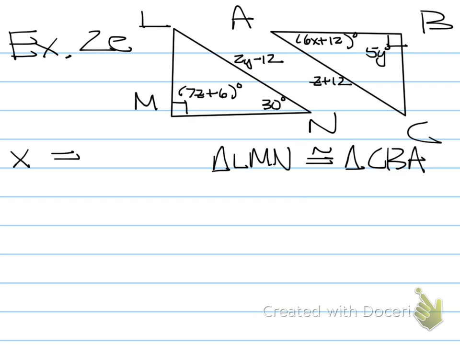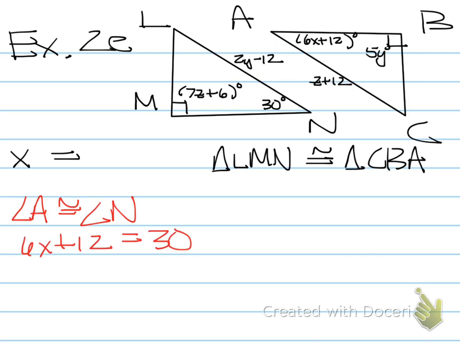And then to find X, we're told that the two triangles are congruent to each other. X is in the expression for angle A. And angle A, we know from the congruent statement, corresponds with angle N. And angle N in the other triangle is 30 degrees, so we'll just set 30 equal to 6x plus 12, since angle N and angle A are congruent.